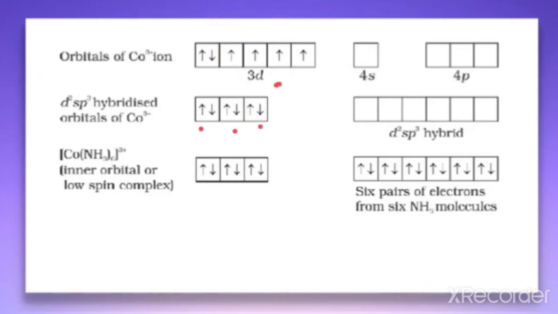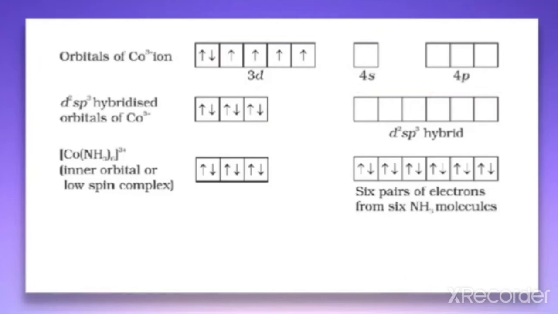Here 2 d orbitals are now vacant, and the s orbital and the 3 p orbitals are vacant. So these will get hybridized. That means it undergoes intermixing of these orbitals.